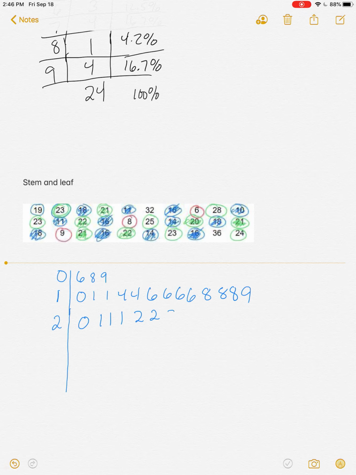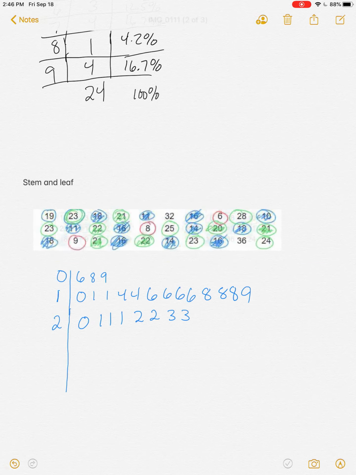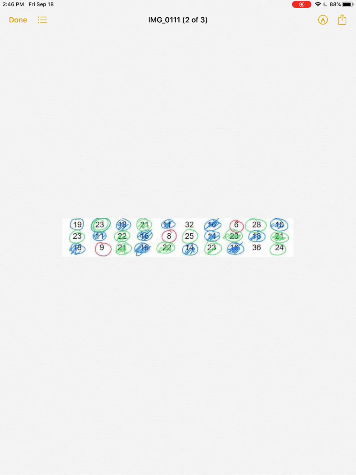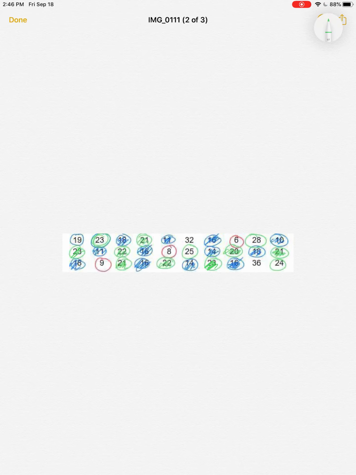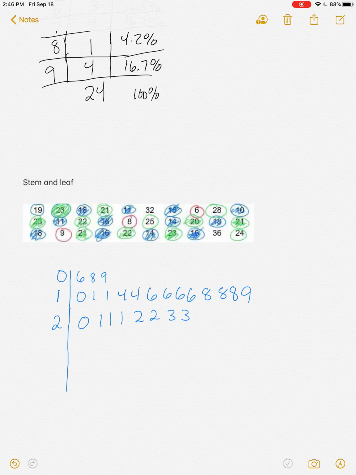There's a 23 that we see there, and a second 23. Oh, and a third 23. Here's 1, 2, 3. 3 23s. And then let's keep looking at this. Is there a 24? There is. And a 25.